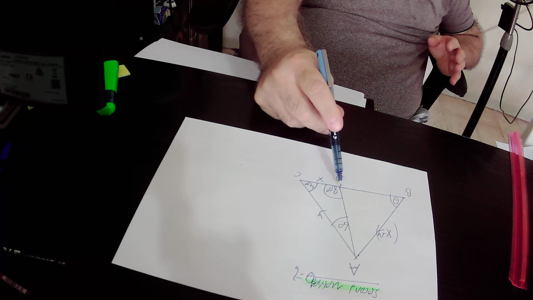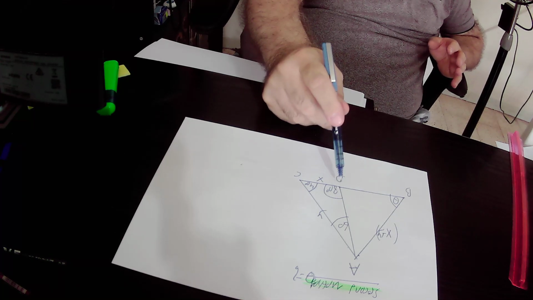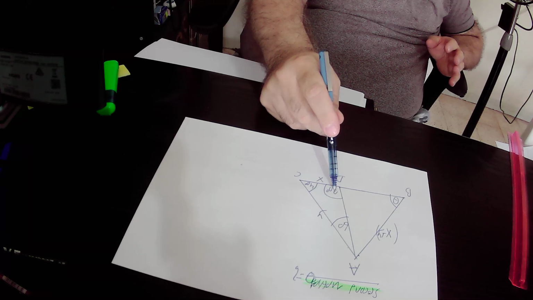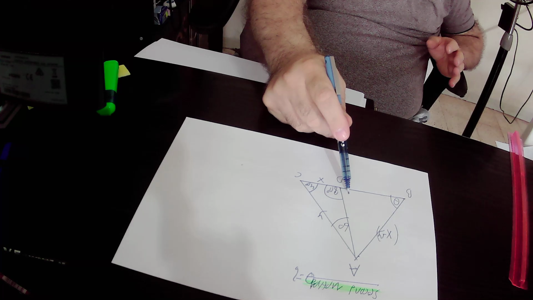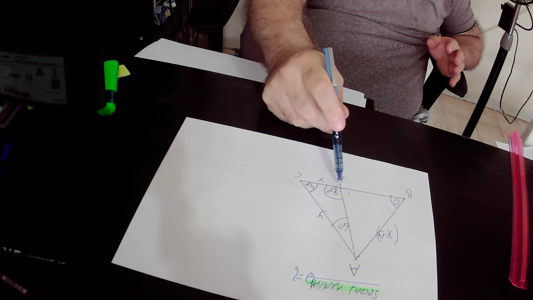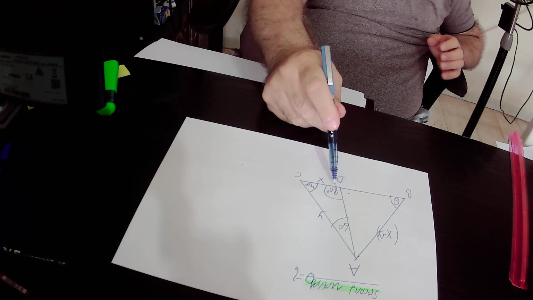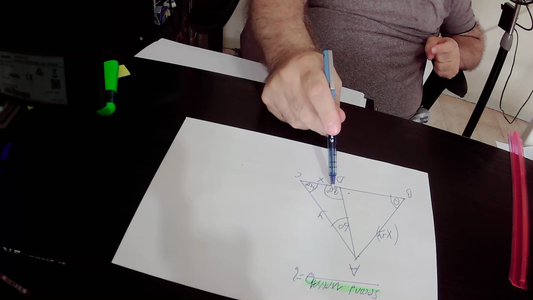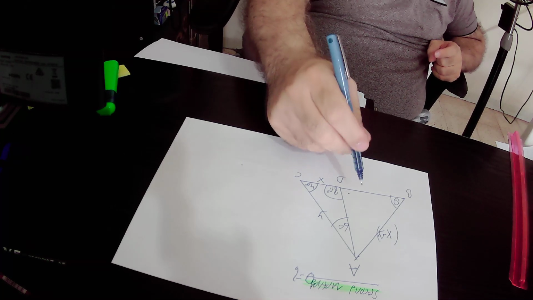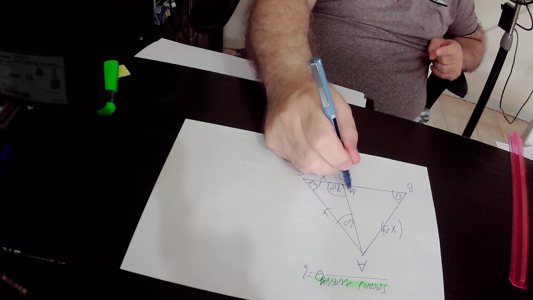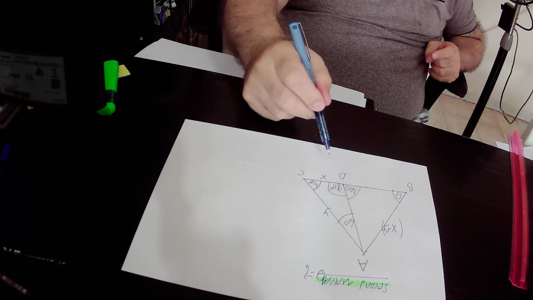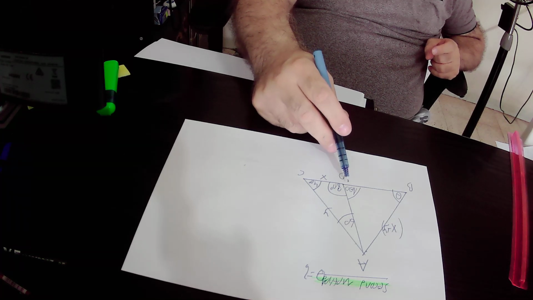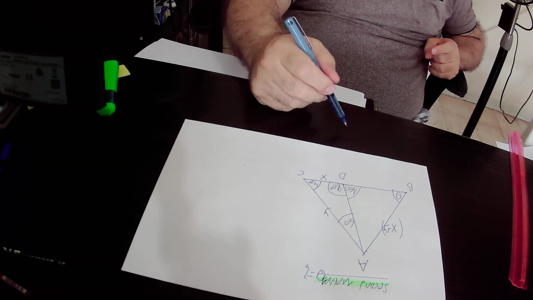Which angles do we have at the upper side of BC at point D? We have this angle that is equal to 80 degrees, plus this angle that is angle ADB. The sum of those two angles must be equal to 180 degrees. Because this angle equals 80 degrees, this angle must be equal to 100 degrees in order to complete the sum of the angles to 180 degrees. This angle must be equal to 100 degrees.